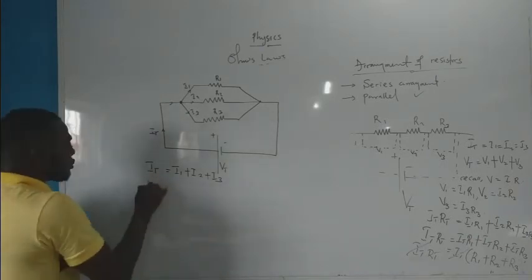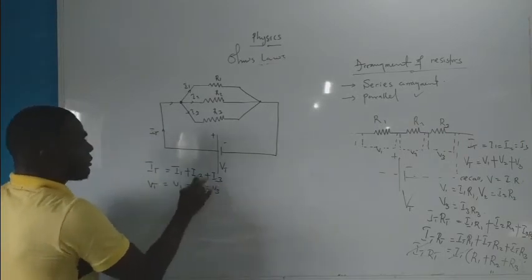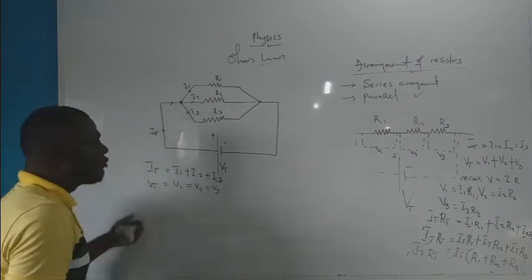And V total will be equal to V1, equal to V2, equal to V3, because this is a parallel connection, so you have the same voltage.